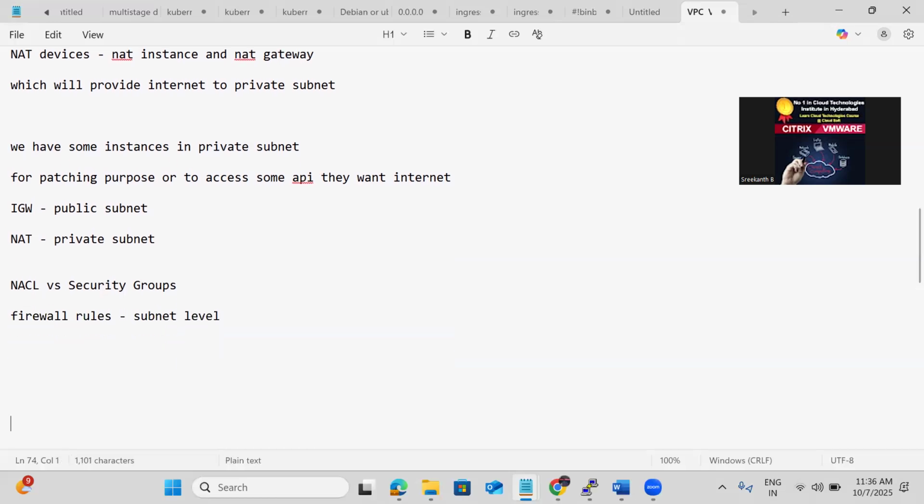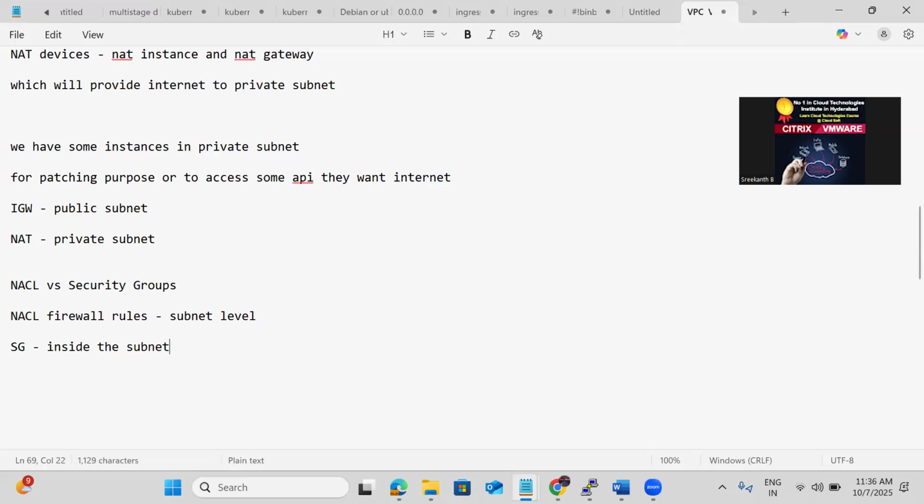Both are firewall rules, but NACL is at the subnet level, whereas a security group is at the instance level.